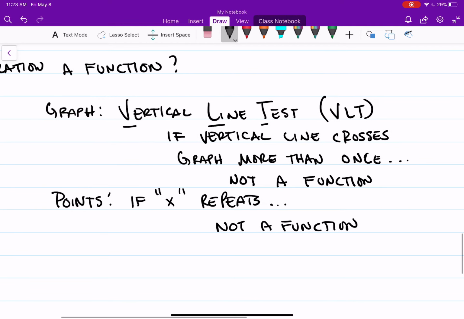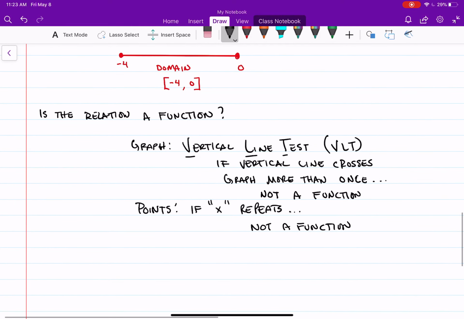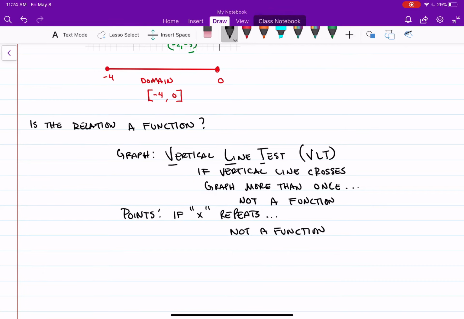Okay? So there you go. That's how we tell if a relation is a function or not.